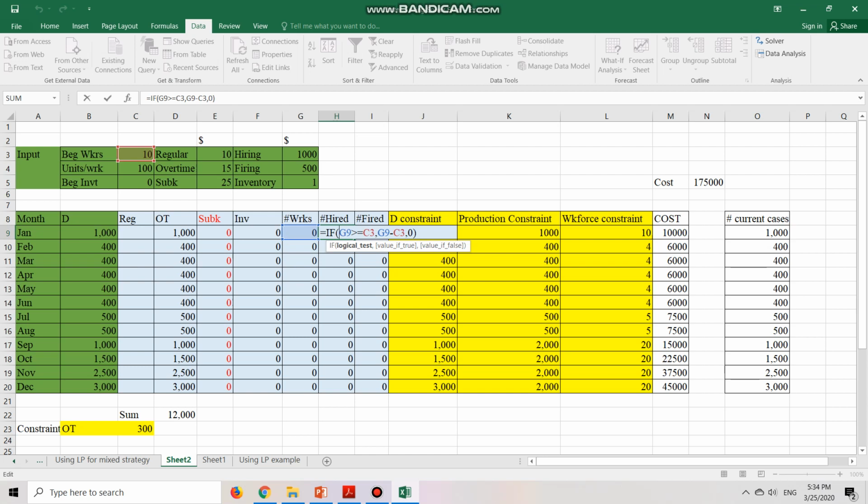Because what we need is larger than what we have. And the number of people we need to hire is equal to what we need minus what we have. If not, we don't need to hire anyone, so it will equal 0. Okay, so the same you can calculate the other cells of this column. Just need to copy it.